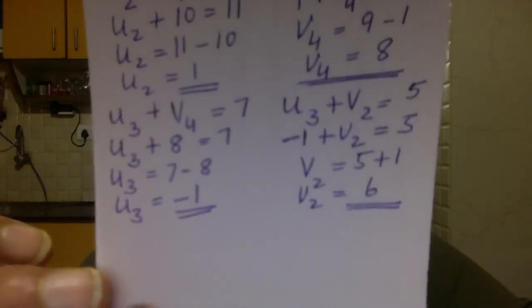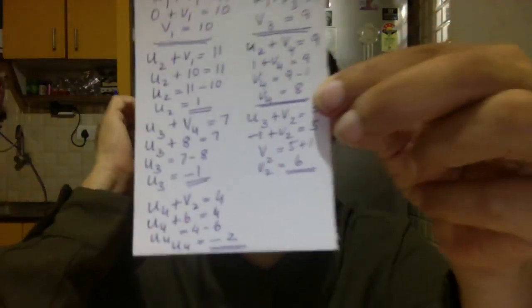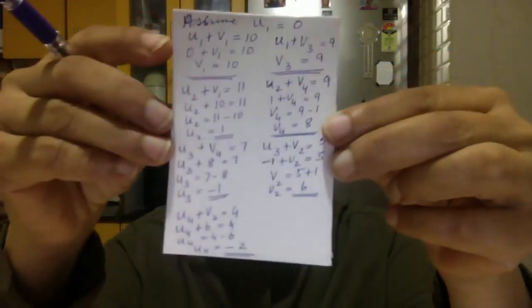We'll go to the last equation, U4 plus V2 is equal to 4. U4 plus 6 is equal to 4. U4 is equal to 4 minus 6. U4 is equal to minus 2. I'll hold it a little far so that you can see the whole paper.